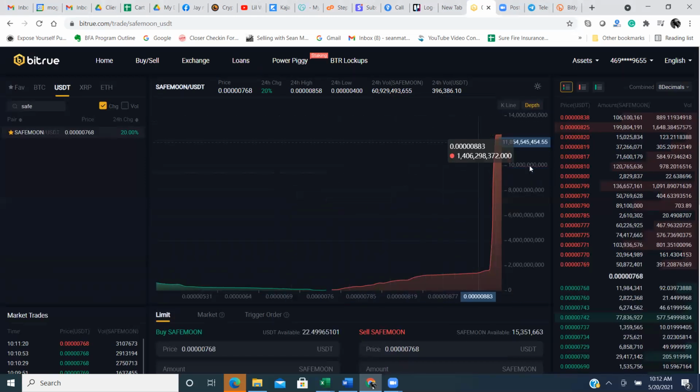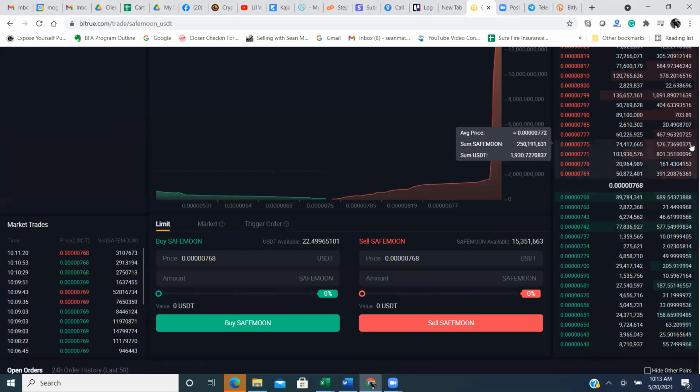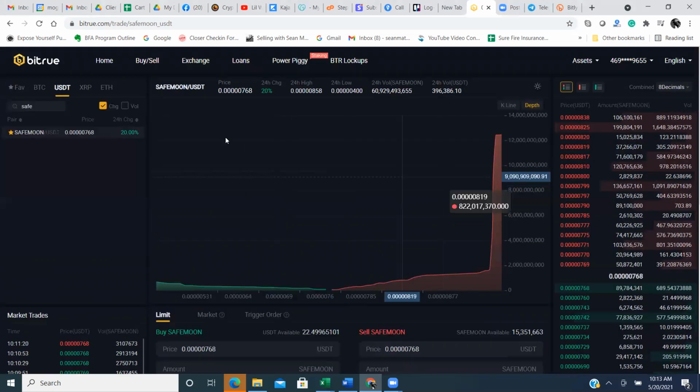So there's some good opportunity here, and this would be a good one because it's new to BitTrue. If we could get a group of 5 or 10 people, we could set up a plan and build our own walls on the buy and sell side to accumulate shares at lower prices, and then let the wall down and let the market shoot up.